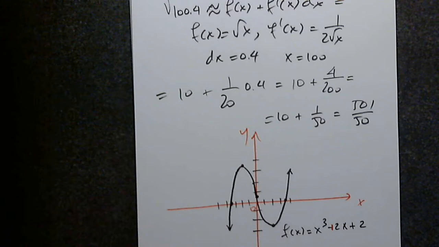Was it 28? Can anyone confirm, or I'll go back and look? Number 17 on 298. We did 26. Okay, so is that good enough? Do we need another example? Yes. Very good.